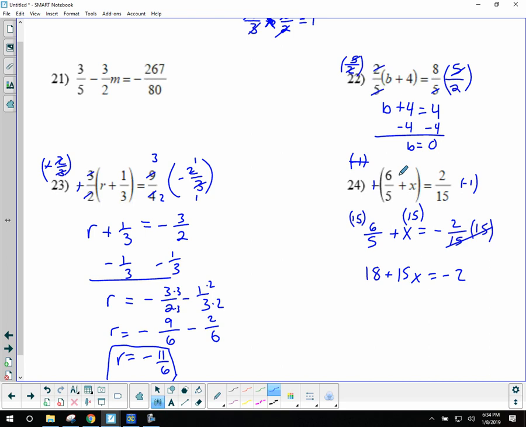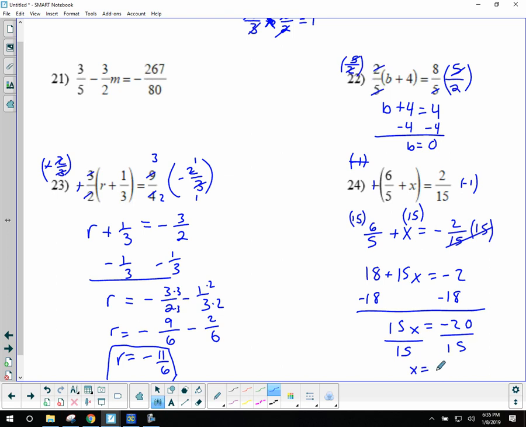Then you can just solve it from there. So we're just going to subtract 18 from both sides. And then we get 15x equals -20. Divide that by 15. X equals, we just need to reduce this. So negative 4 over 3.